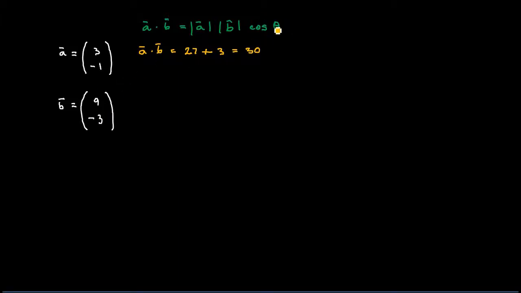Well, the cosine of 0, as you'll know from trigonometry, is 1. So if they're parallel, the cos of the angle is going to be just 1, which means it's going to disappear. Which means that the dot product of vectors A and B is going to be equal to the product of the two magnitudes. The magnitudes multiplied together. And that's a very useful idea.